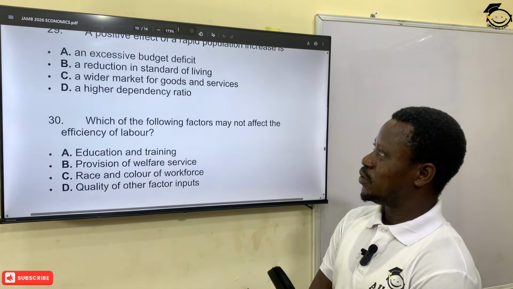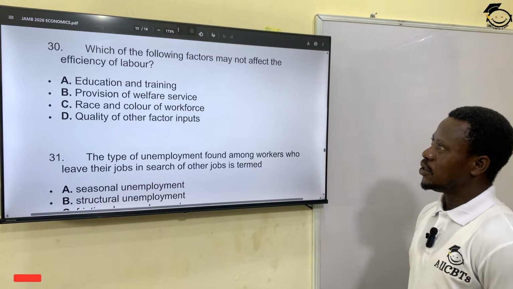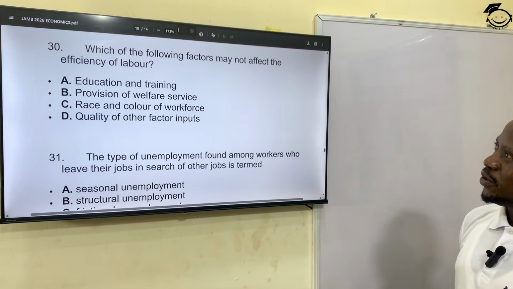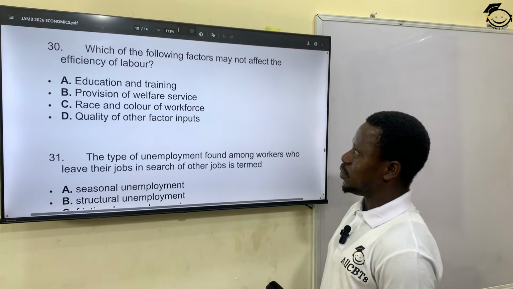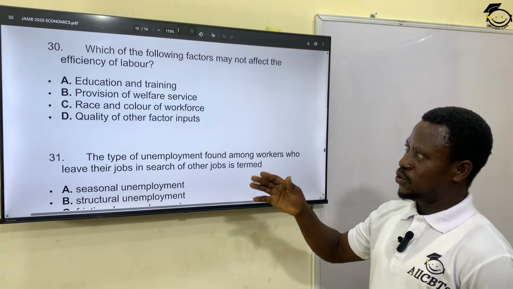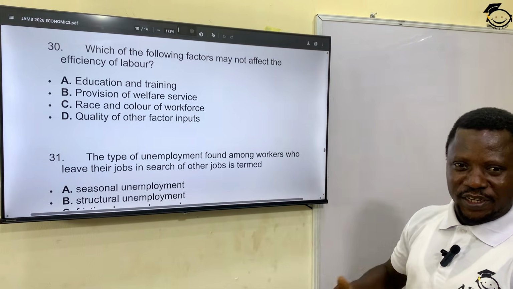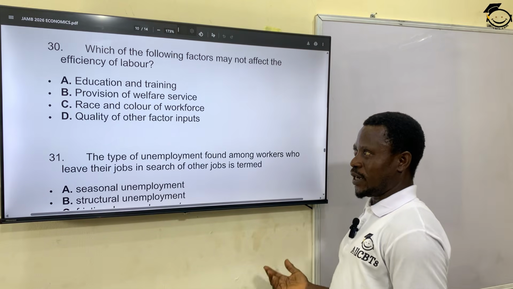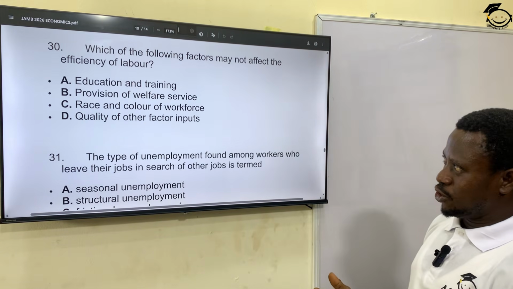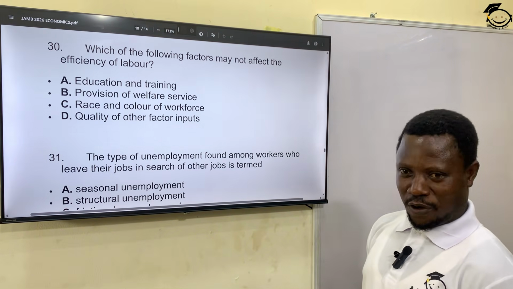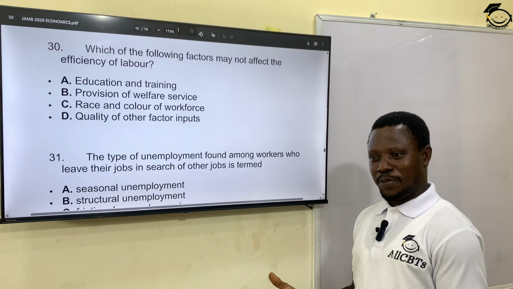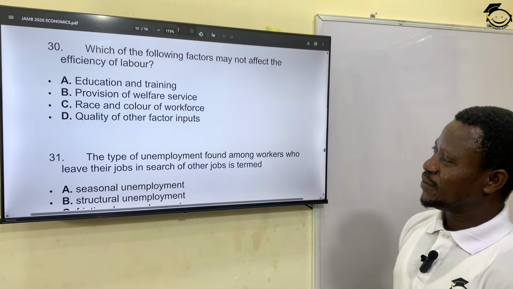Let's see the next one within our time. Which of the following factors may not affect the efficiency of labor? In other words, all these factors will affect how efficient a labor is, except one. When you educate and train, of course. Provision of welfare services, of course, when you give welfare services to laborers, they do well, okay?